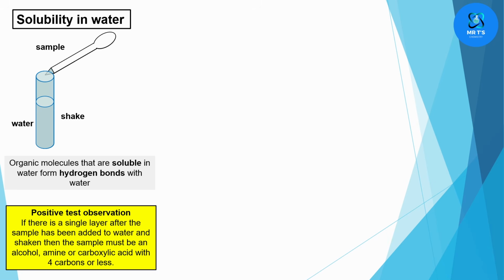So if there's a single layer after the sample has been added, it means that the sample we've added must be an alcohol, an amine, or a carboxylic acid that has 4 carbons or less. So it must have an alcohol group, an amine group, or carboxylic acid group, and it must have 4 or less carbons in its chain.